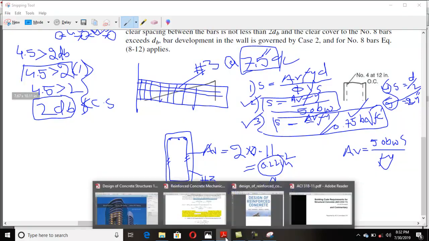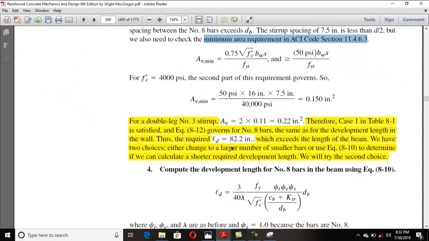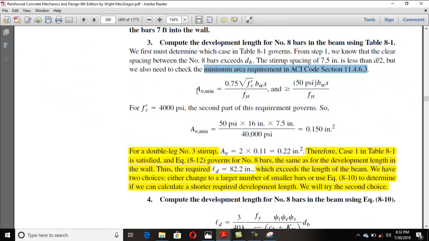Basically that is the process here. Av is greater than or equal to 0.75 sqrt(f'c) bw s divided by fyt, the same thing I mentioned, and that is criteria number 4, and also greater than or equal to 50 bw s divided by fyt.